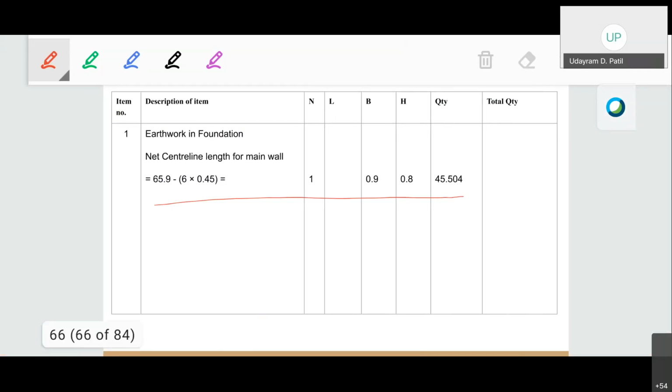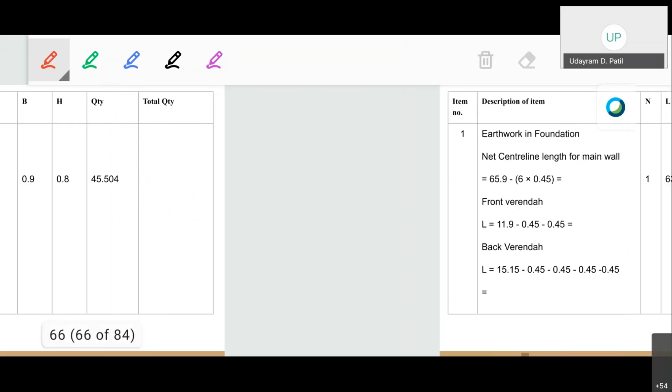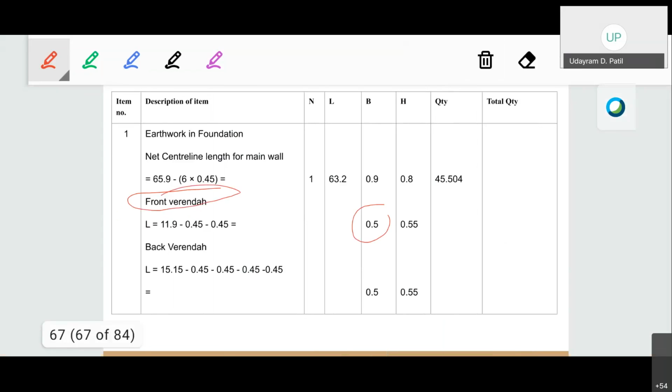For the main wall, the quantity was 45.504 meter cube. Now calculating the quantity for the front veranda wall. The front veranda wall is of width 0.2 meter, therefore calculating both of the quantities separately. For the front veranda wall, the excavation breadth will be 0.5 and the height will be 0.55.